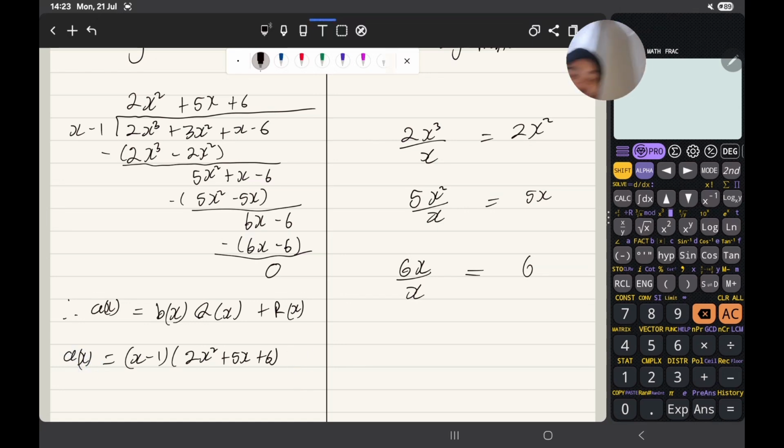I mean, a of x is very long, so I don't want to write it there. Cool. Let's cook synthetic.